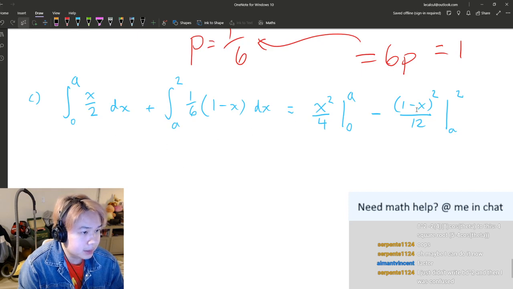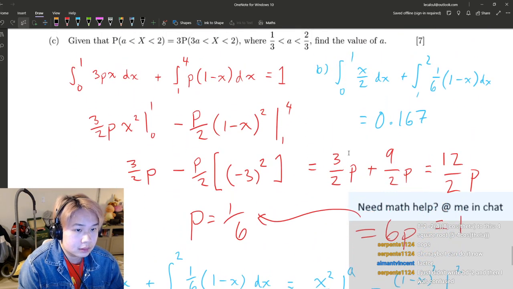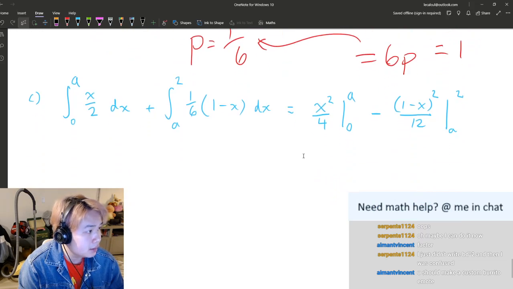Here's the second part. And then we can plug in our x values.